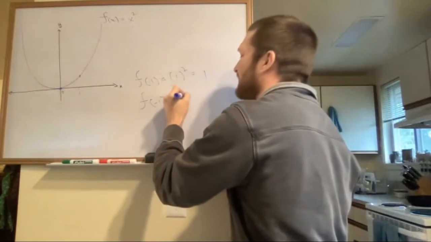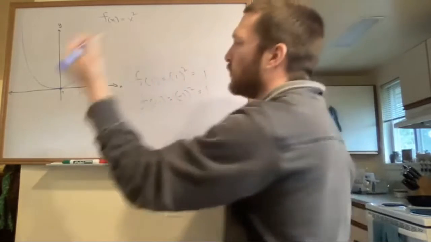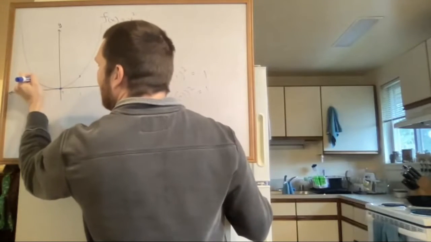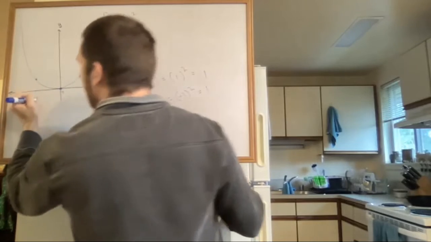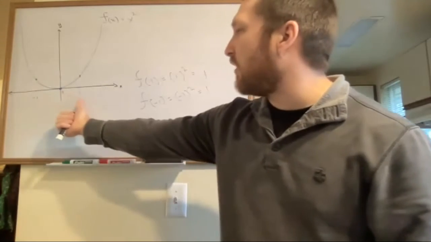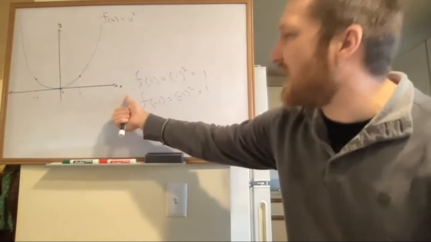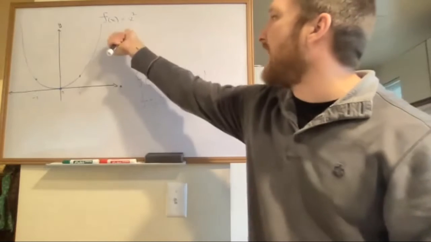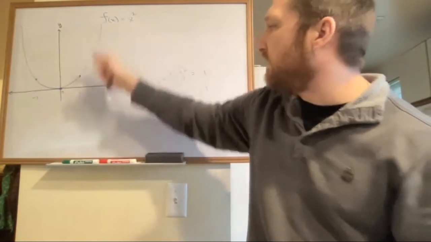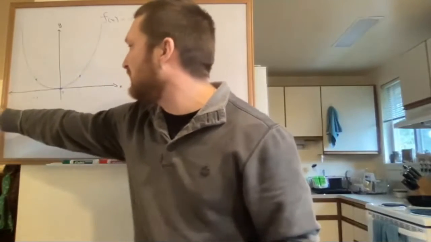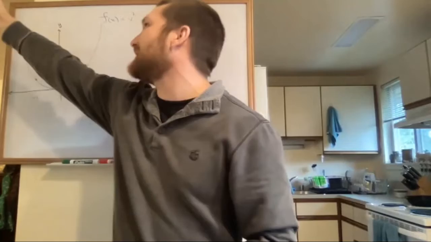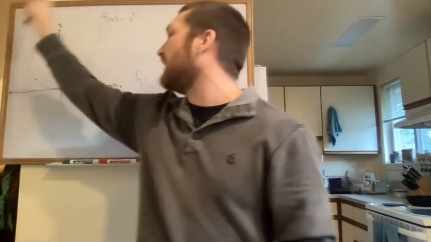You get a positive 1 because a negative squared is a positive, and that's why this thing is indeed symmetric, right? I don't care how far over this way you go. You go to 27, you plug it in, you get out 27 squared. If you went to negative 27, you square it, you're going to get positive 27 squared. They're going to be the same thing, right?